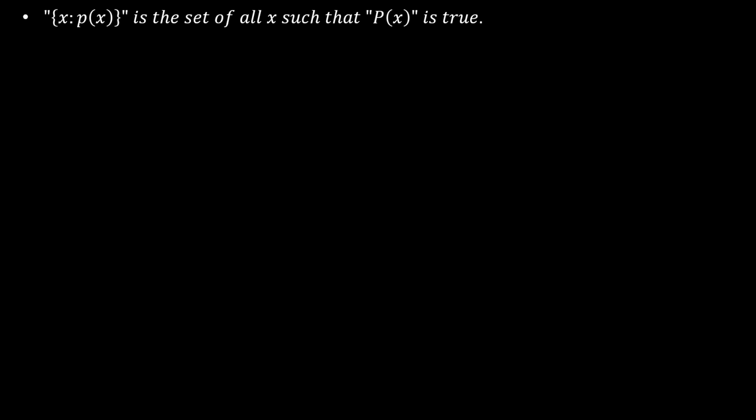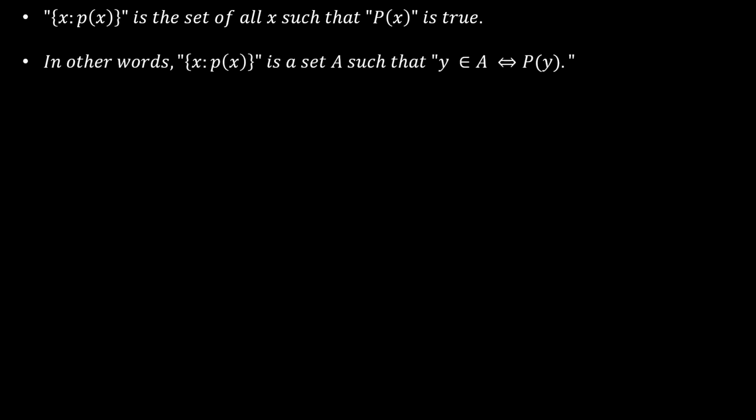If we express it this way with curly brackets around it, it means it's a set of all x such that P(x) is true. In other words, this is a set A such that y is an element of A if and only if P(y) holds.